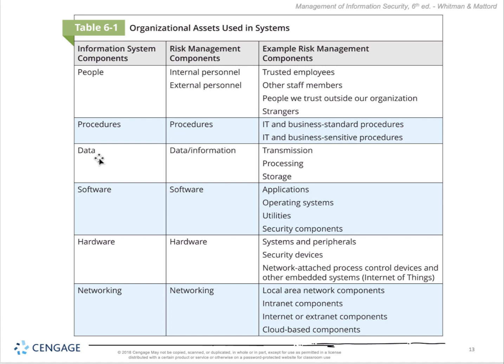What you need to understand here is that when we talk about assets, you're thinking about these types here, right? Again, human resources, data, software, network, hardware. But for each of these assets, you're going to have different types of that specific asset, and you have to figure out how to manage risks associated with those types.